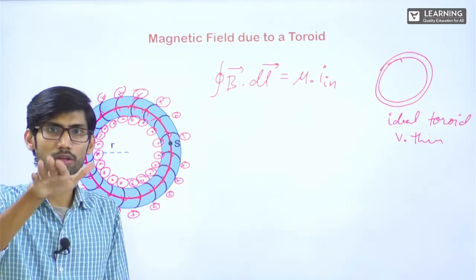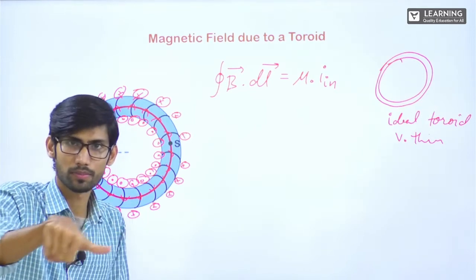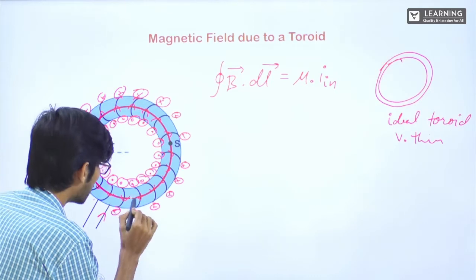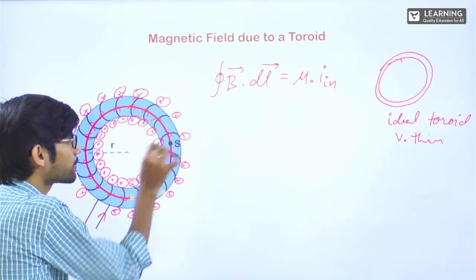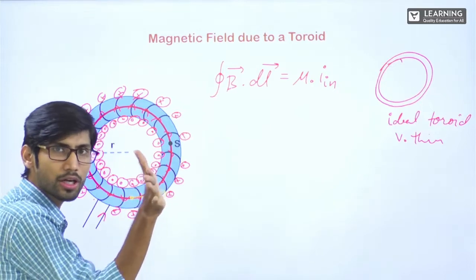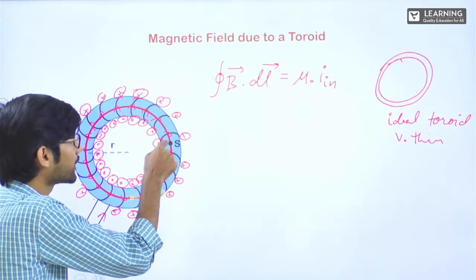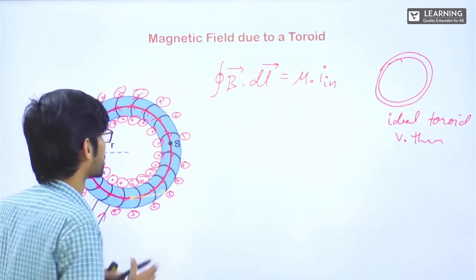Current coming out, curling, magnetic field is like this, correct? At this point if I see, magnetic field is in this direction. Here, at this point I have to see where there is a point. So I'll curl like this, magnetic field is upwards.